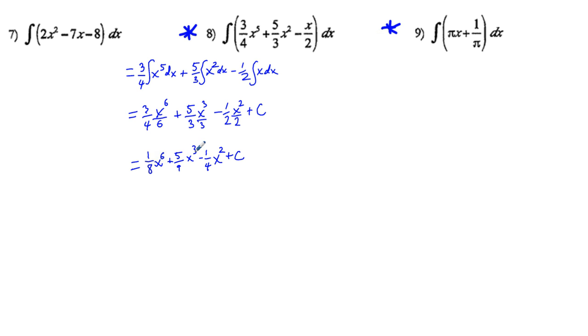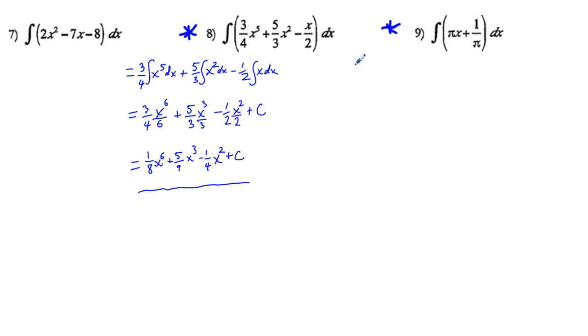Okay, then for this one, we have 3 times 5, which is 15. 15 divided by 9 is 5/3. And for this last one, we're going to have 2 times 1, which is going to be minus 2/4, or 1/2. So this all checks out. That looks good. Now for number 9.